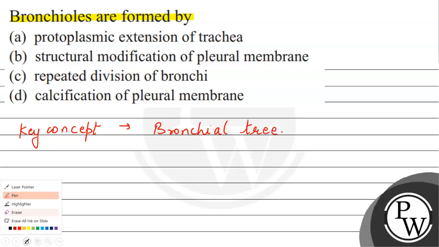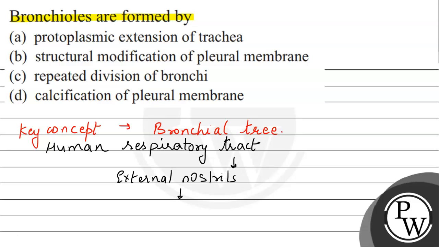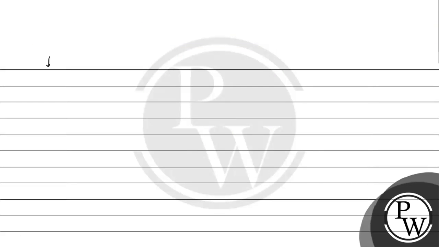Now see, if I talk about the human respiratory tract, it actually starts from the external nostrils, then goes to the nasal chamber, then to the internal nares, and then continues into the pharynx.